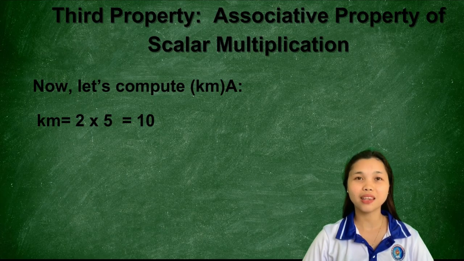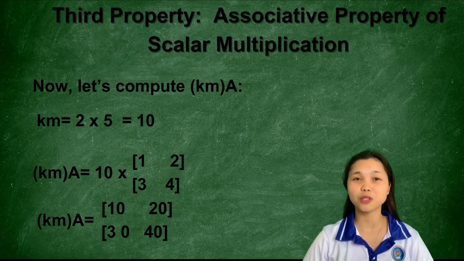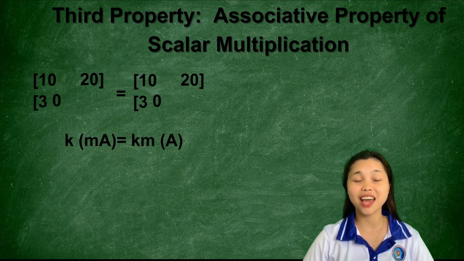Now, apply 10 to matrix A. 10 times 1 is equal to 10. 10 times 2 is equal to 20. 10 times 3 is equal to 30. And 10 times 4 is equal to 40. Same result. That's the associative property of multiplication. No matter how you group the scalars, you get the same final matrix.